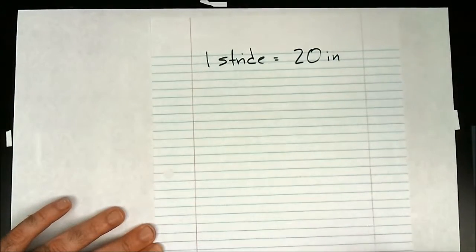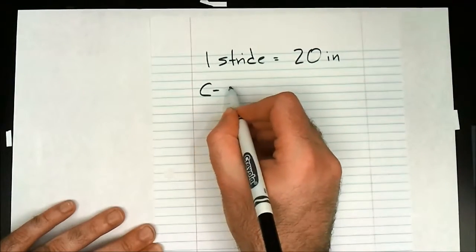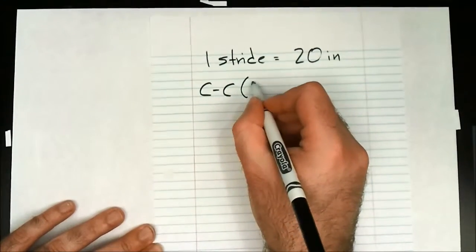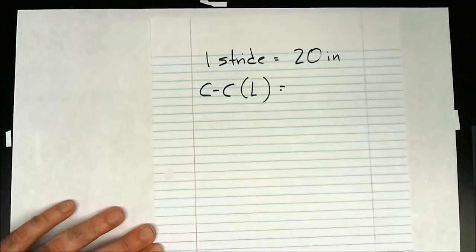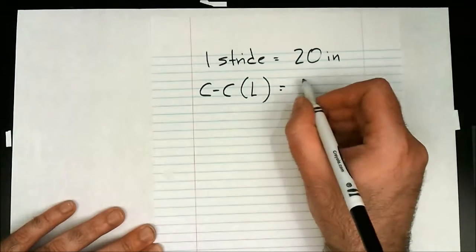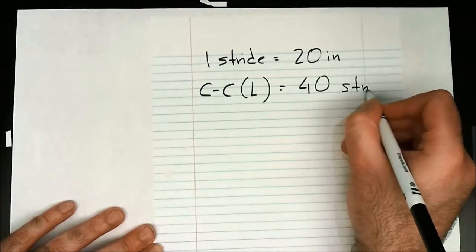And let's say for me the length of the C building, so C to C length, was about, what's a good estimate here? Let's say maybe 40 strides, because I did not go outside and do it myself.